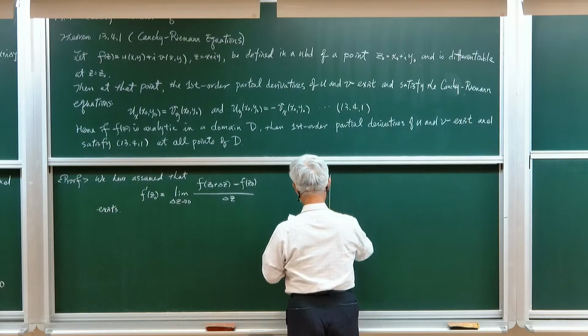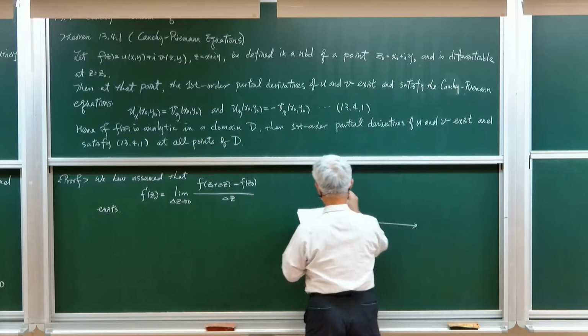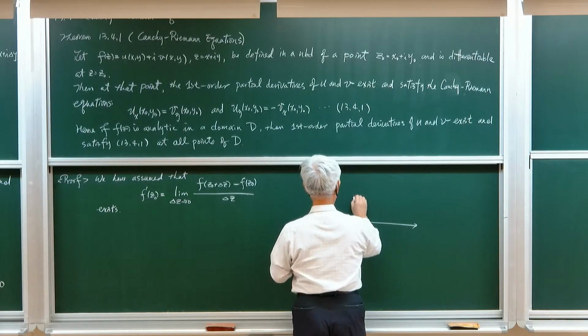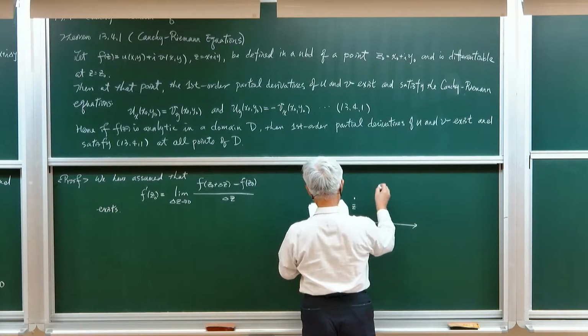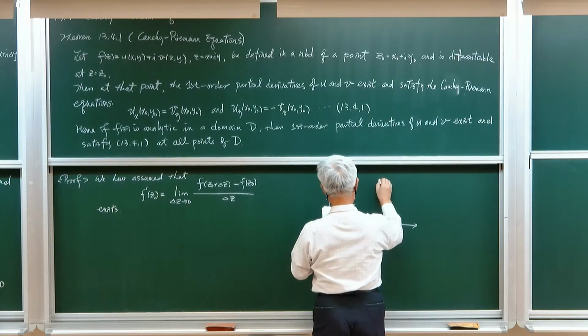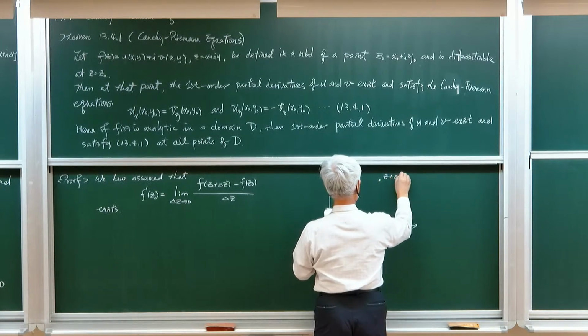So let's see. This is z, and this is z plus delta z.